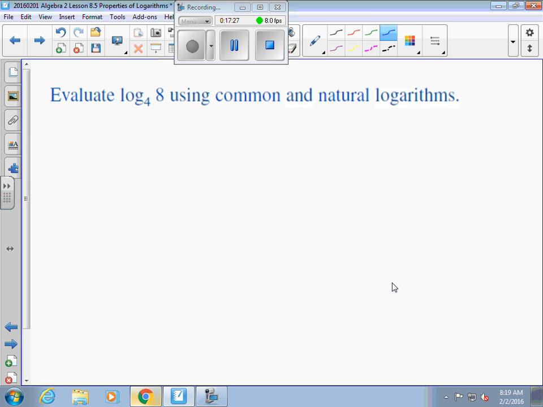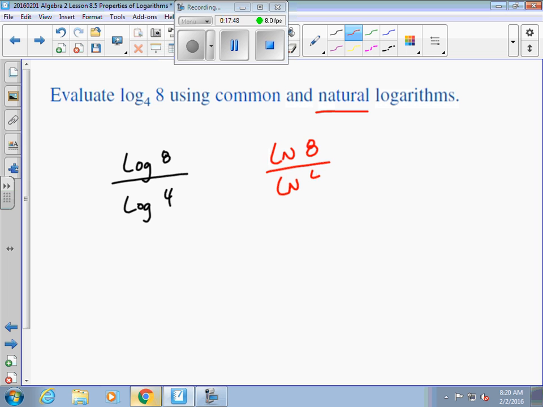So when you set it up with common logs, it's going to look like this. It's going to say the log of 8 divided by the log of 4. That's how you should have it set up. The same thing when you do natural logs, it'll just be ln, or the natural log of 8, divided by the natural log of 4.